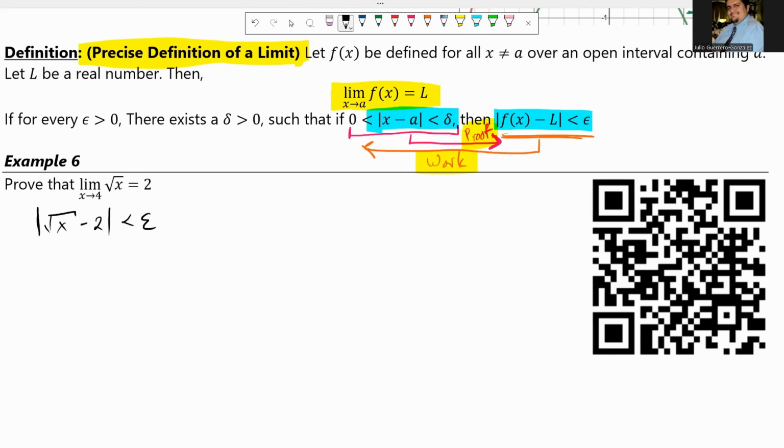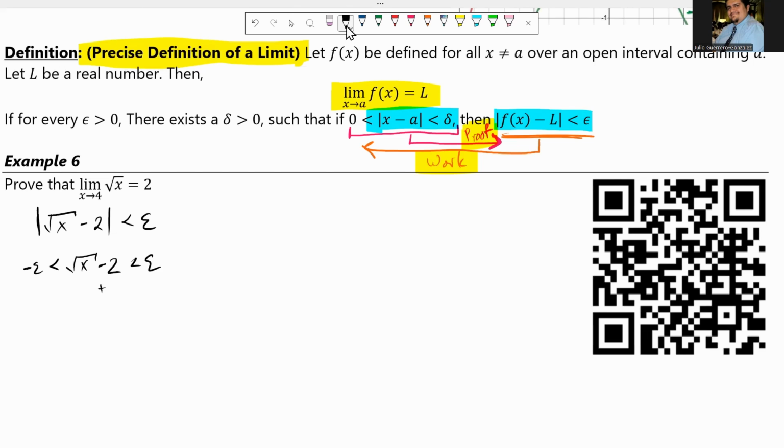In order for this to happen, negative epsilon is less than the square root of x minus 2, which is less than epsilon. I don't need the absolute value here.